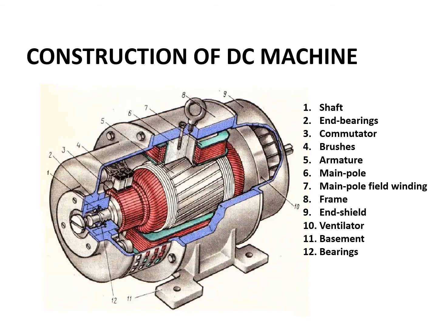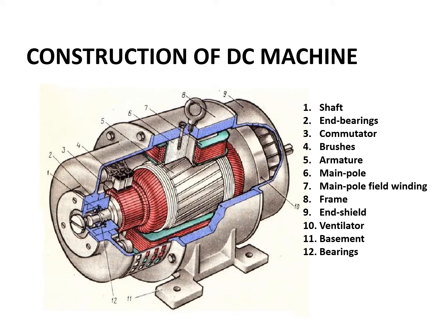The fourth number is the brushes. Brushes are made of either carbon or copper, and the function of brushes is to collect the current from the commutator and provide it to the outer circuit.